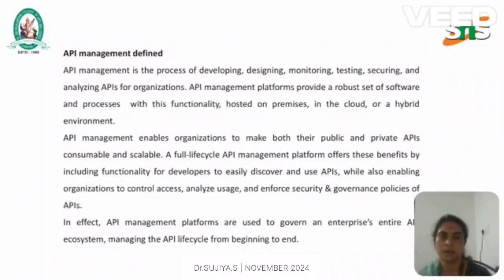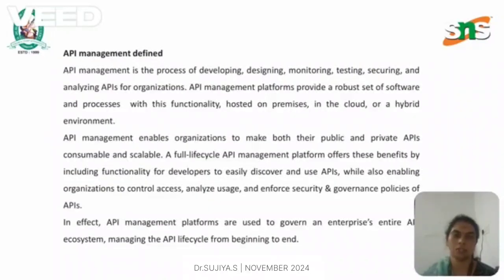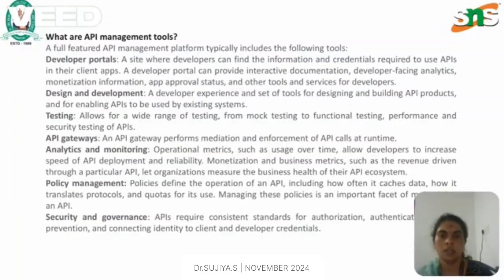And this is a platform which provides a robust set of software and processes with their functionality, and it enables organizations to make both public and private APIs consumable and scalable. If we talk about API management, an organization has to control access, analyze usage, and enforce security by governing policies.